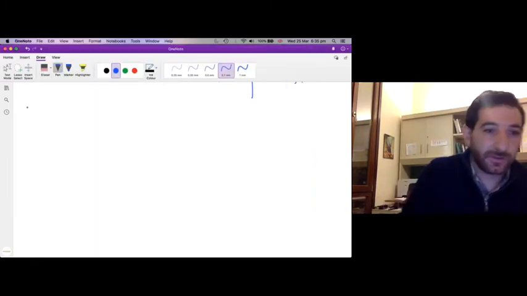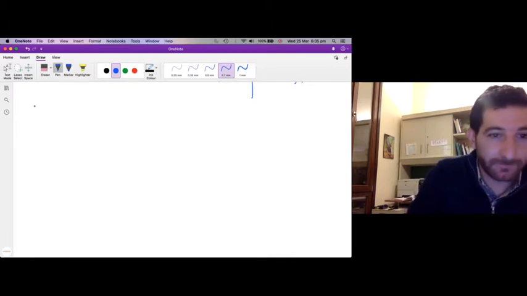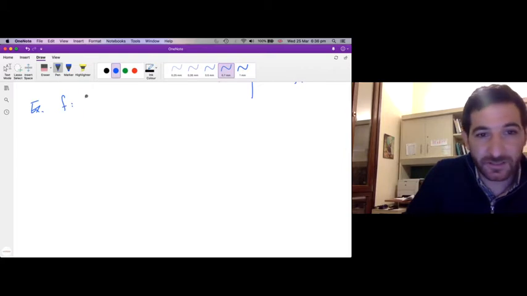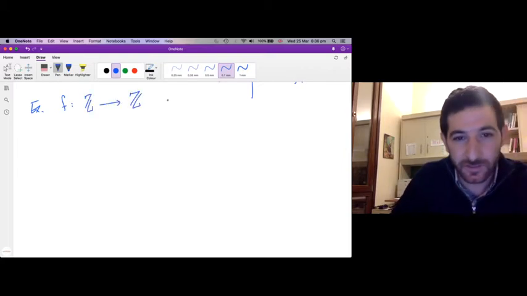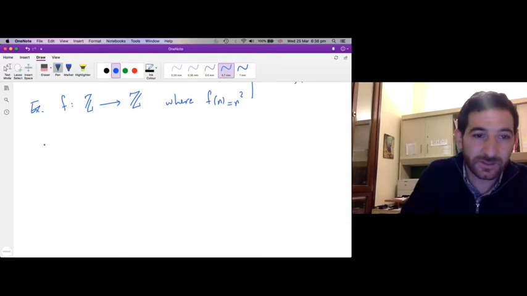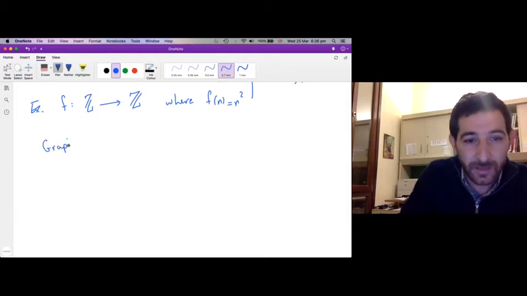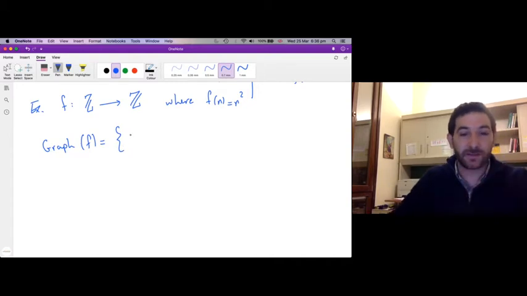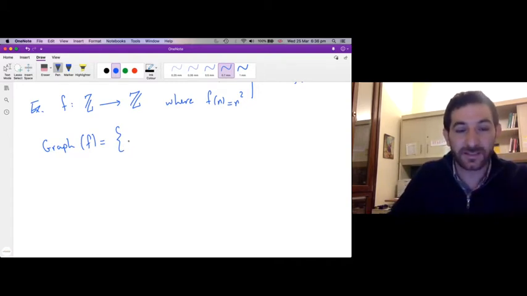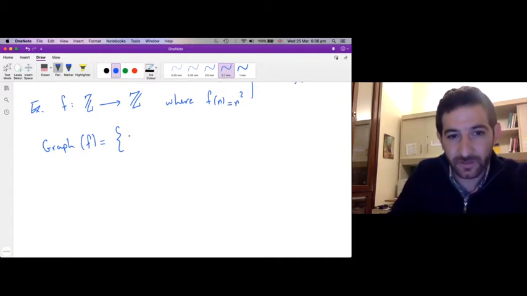Okay, let's have this example of a function f from the set of integers to the set of integers, which is the square function, where f of n is n squared. Okay, then what is the graph of f? Let's have some examples of elements in this set. Okay, let's write the definition of the graph first.